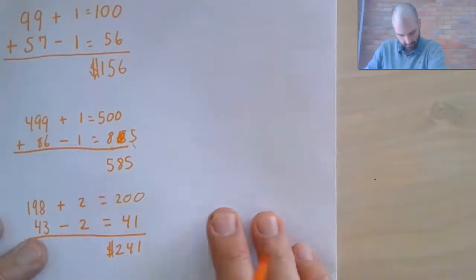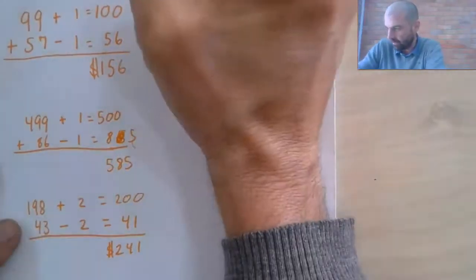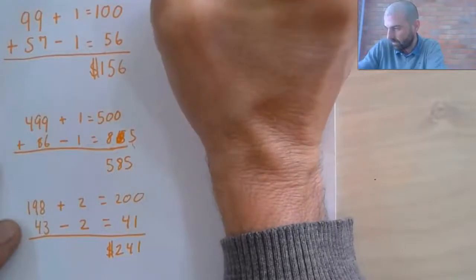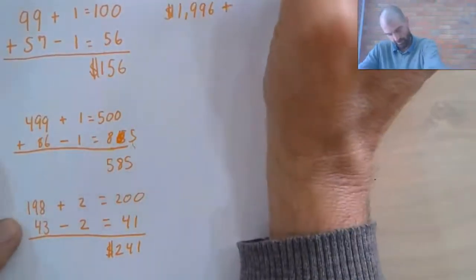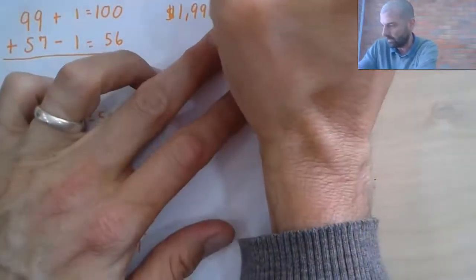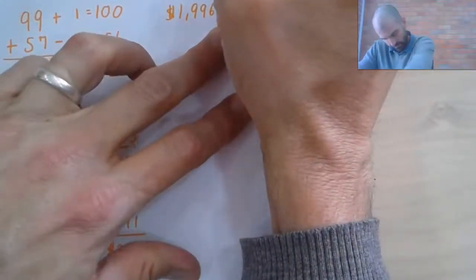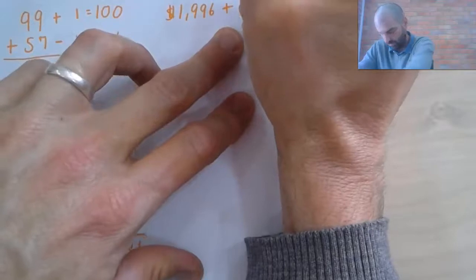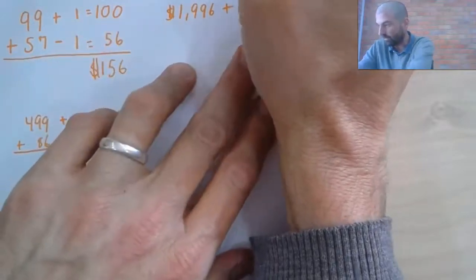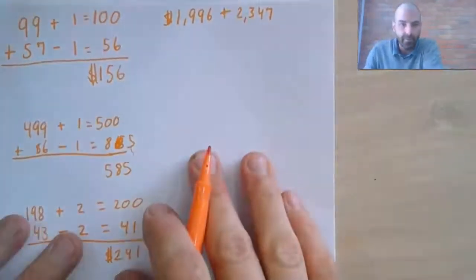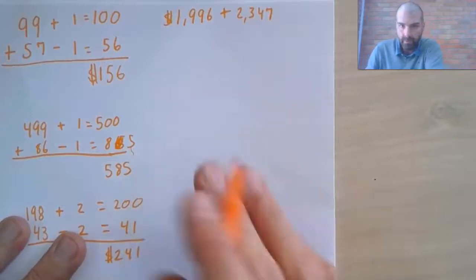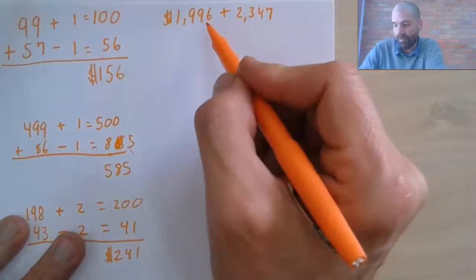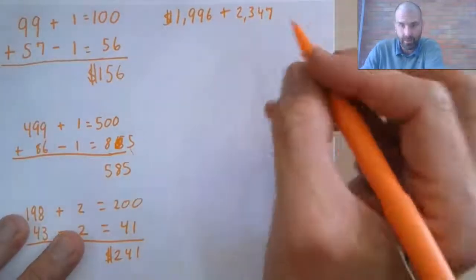What about 1,996 plus 2,347? I'm going to solve this in 3, 2, 1. All right, so hopefully you notice that 1,996 is close to 2,000, right?